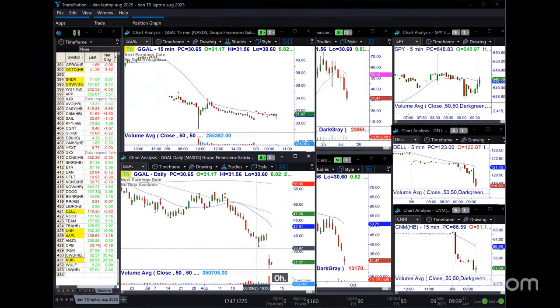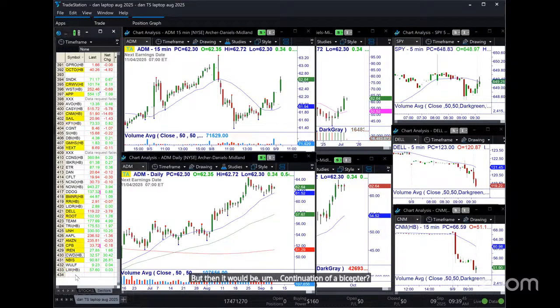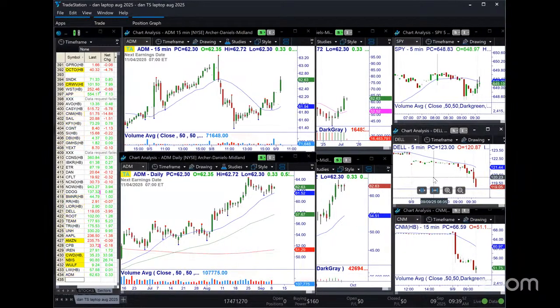Oh, AD. For me, it has to get over yesterday's high, but then it would be a continuation of a buy setup. Let's put E1H here. All right, we sold a third.